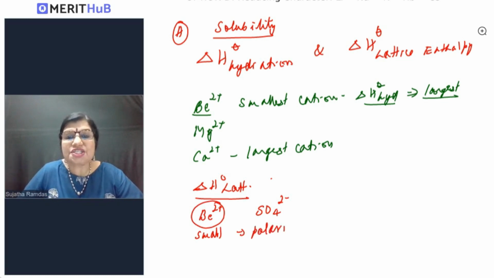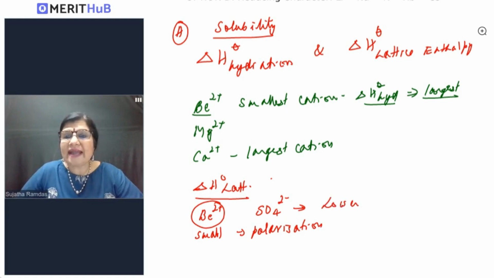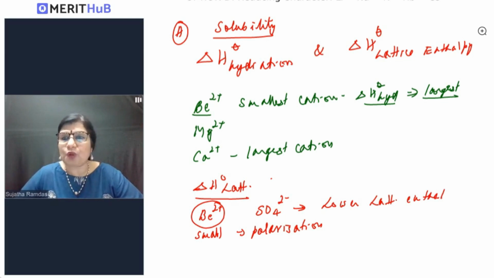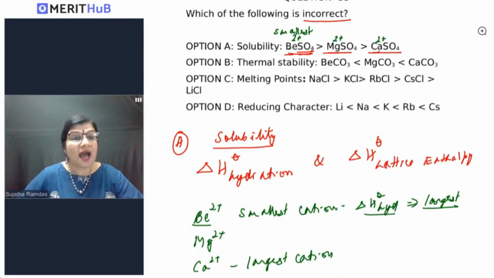When polarization happens, the lattice enthalpy becomes less. So lower lattice enthalpy, because the beryllium ion shows covalent properties. Lattice enthalpy is low for beryllium sulfate because of the small cation. The smaller the cation, the greater the polarization of the large anion. This is how you explain the trend in lattice enthalpy.